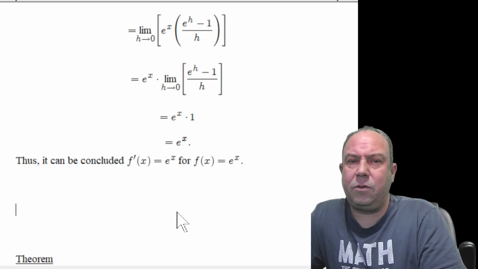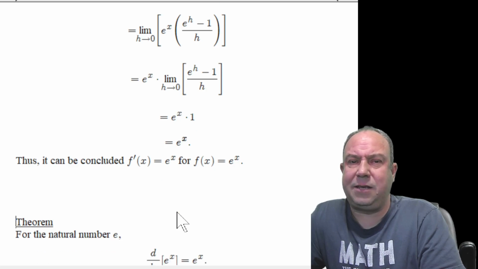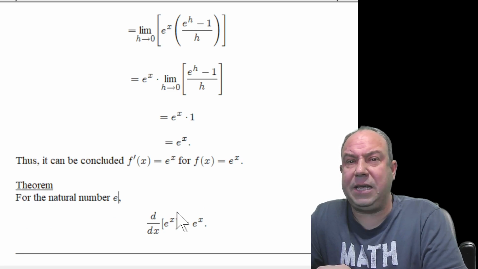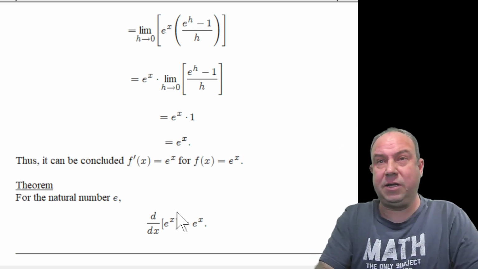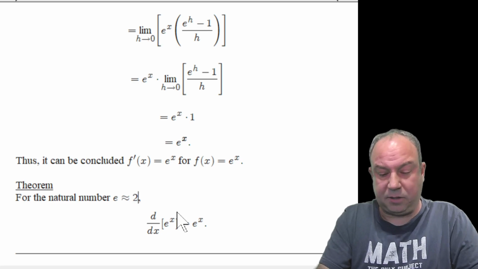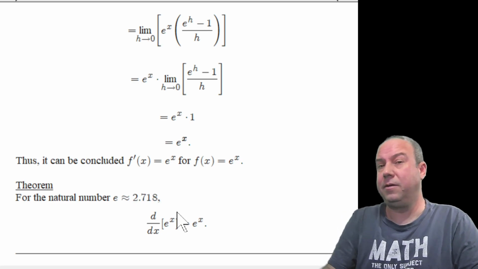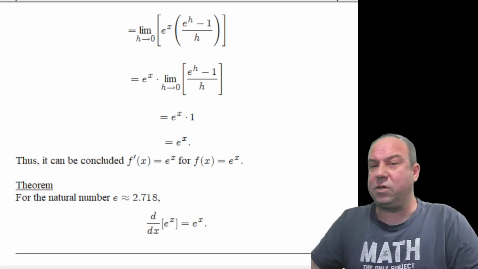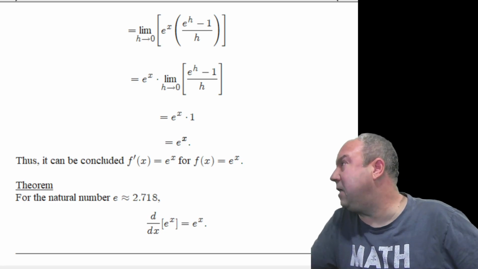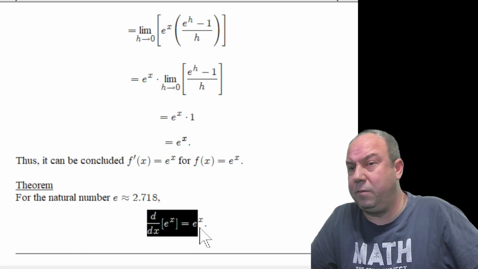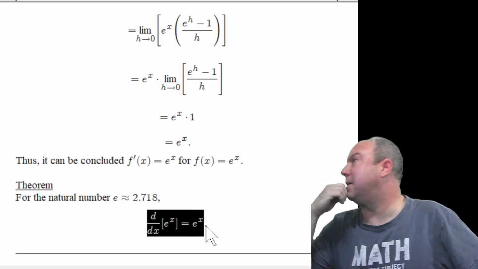And we say that in this theorem. For our natural number e, which we should note is approximately 2.718, the derivative with respect to x for e to the x is equal to, as we have proved above, the value of e to the x.